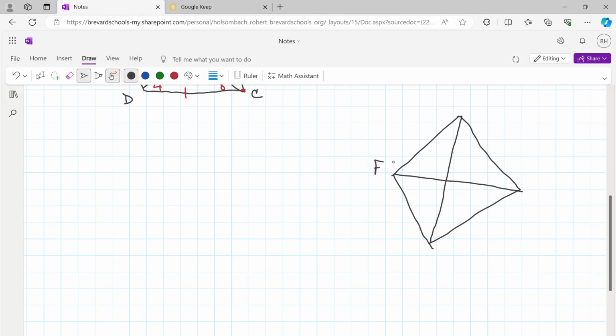FGHJ. And the diagonals intersect at K. If FJH is 82 degrees, find the measure of KHJ. Find the measure of angle KHJ.